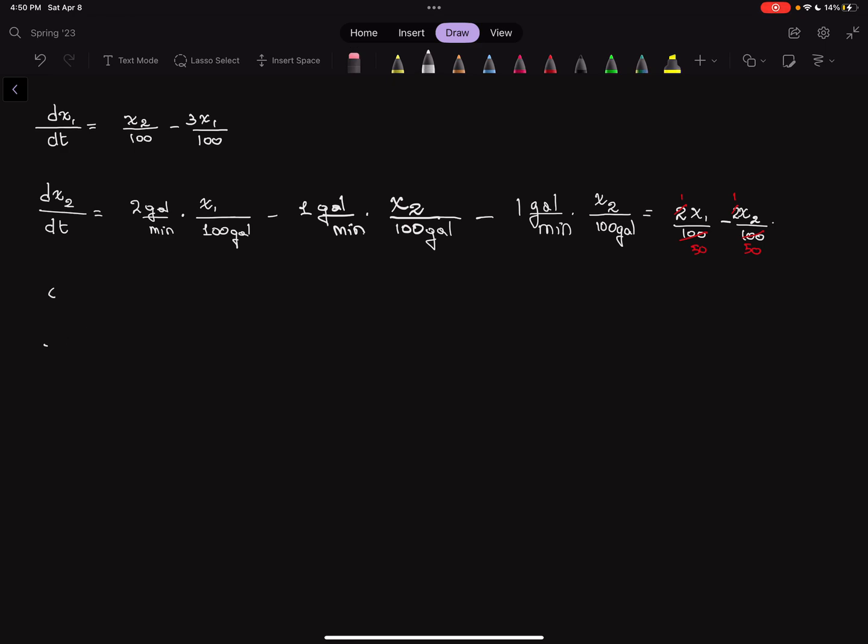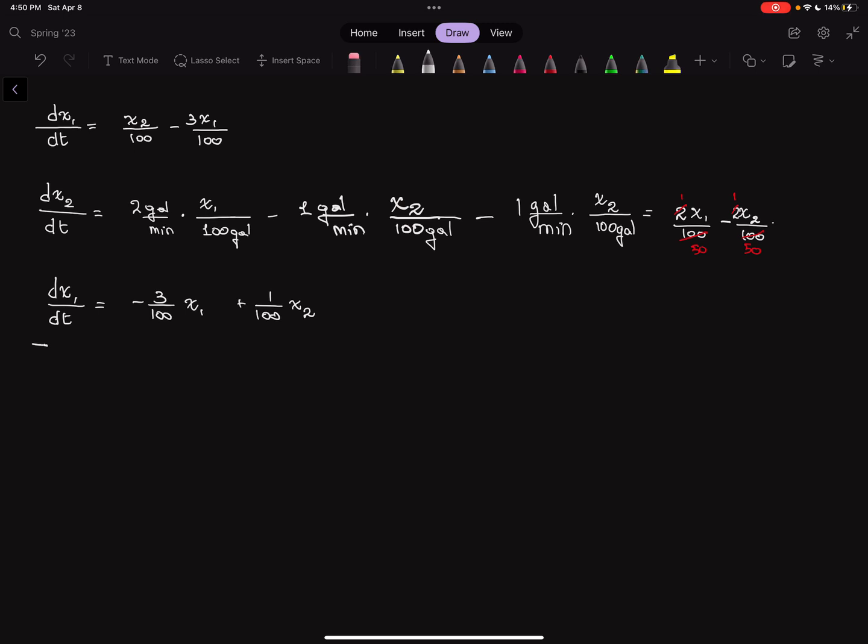So we have dx1 over dt is equal to, I'm going to put the x1 first, negative 3 over 100 x sub 1 plus 1 over 100 x sub 2. Okay? And now I'm going to do the same with my other rate.